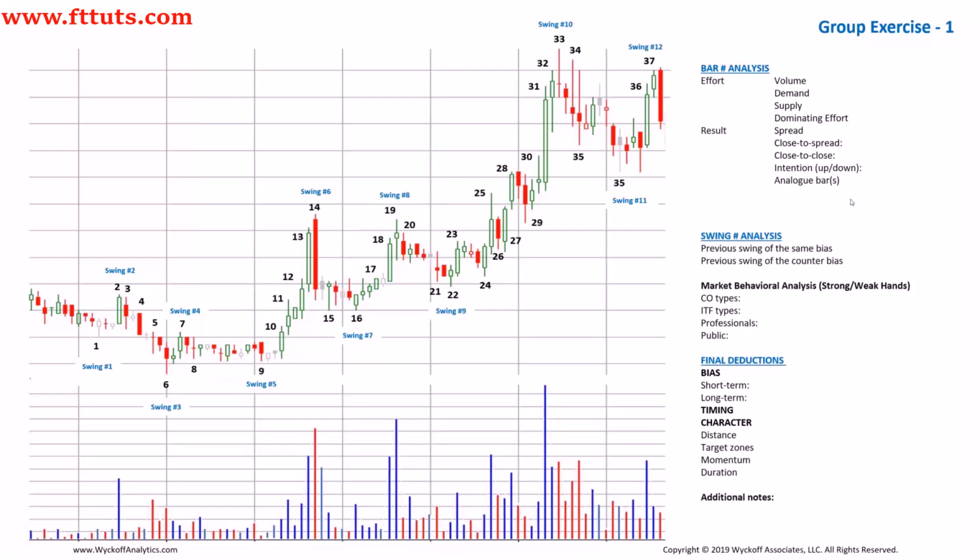While you're thinking about this, guys, let me just go to the next bar. Number 27. Here's that volume signature right here. So here we are comparing it to 25. And even though the spread is diminishing, look at the close, it's much better.